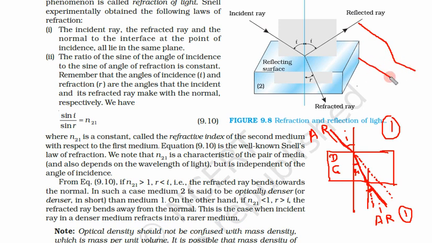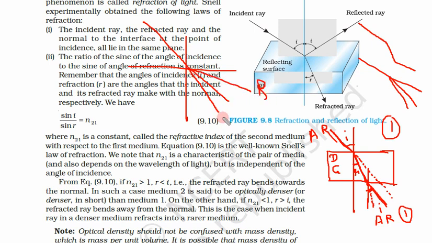So the whole picture is that I reduced, then the same. When it enters into rarer medium, then it increases. Denser medium reduces. This was the original. So if this is the original direction and this is the interface, in denser medium it bends towards this side, in rarer medium it bends towards this side.